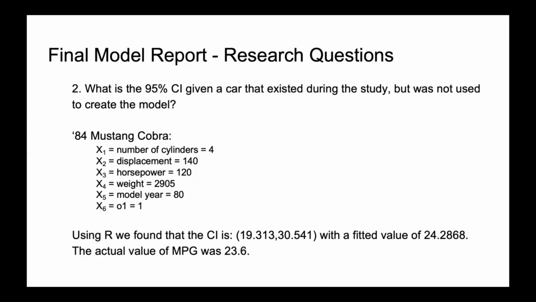We used its parameters, and we got a confidence interval between 19.313 to 30.541 with a fitted value of 24.2868. And the actual value of its MPG was 23.6. We can see it is in the confidence interval and quite near the fitted value.